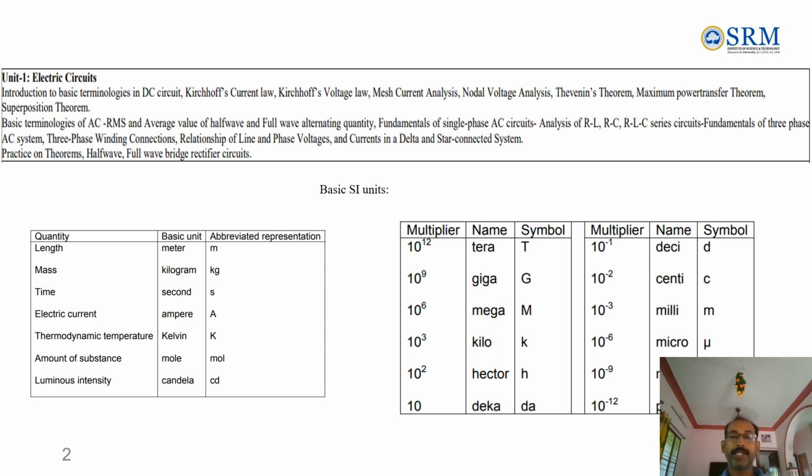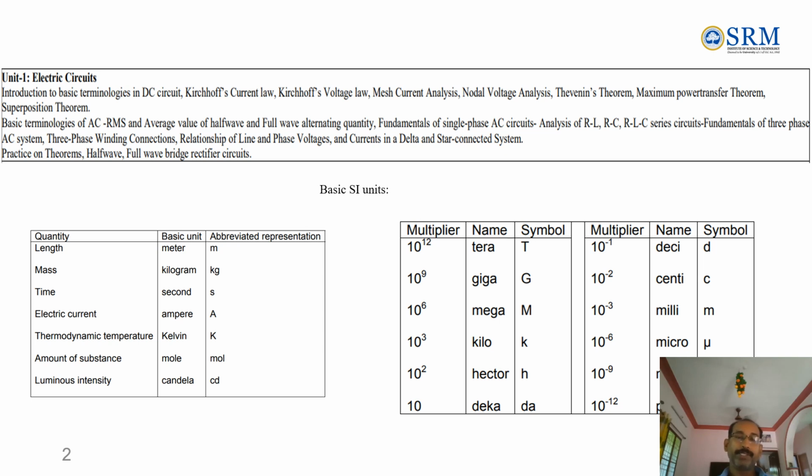Three-phase winding connections, relation between line and phase voltages and line and phase currents. Of course, the star to delta and delta to star conversion techniques. There will be some practice on the theorems and half wave and full wave bridge rectifier circuits.